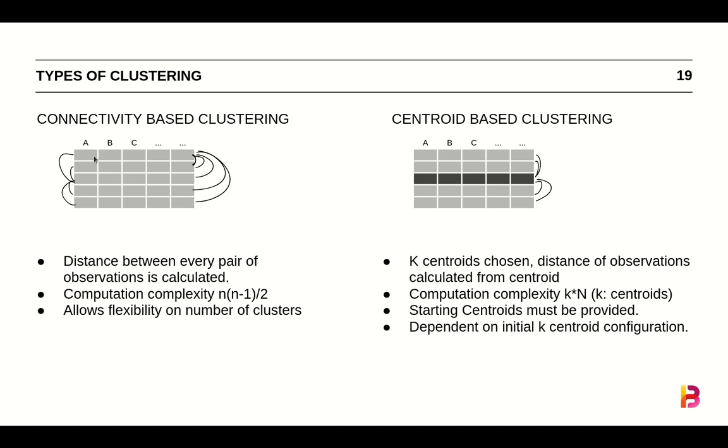Compare that to connectivity based, it would be a million times a million, 1 followed by 12 zeros. That would be the complexity of calculation. So while we gain in computational complexity and speed, we lose in terms of flexibility.